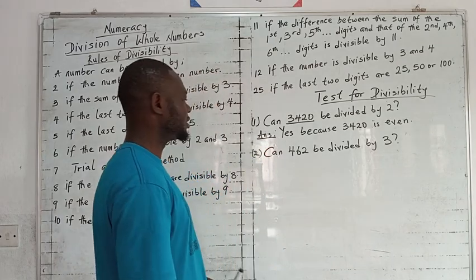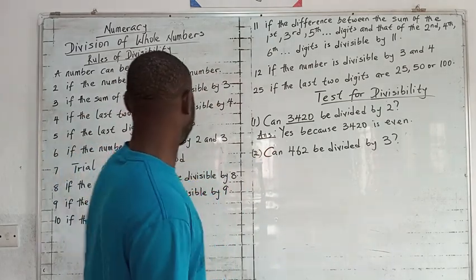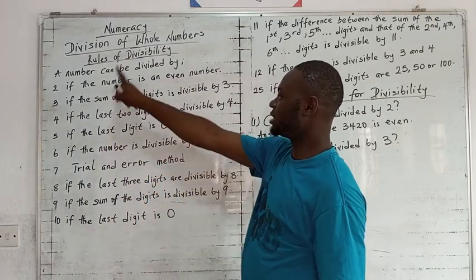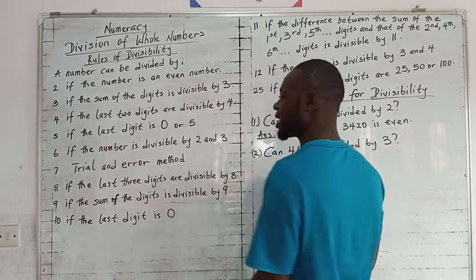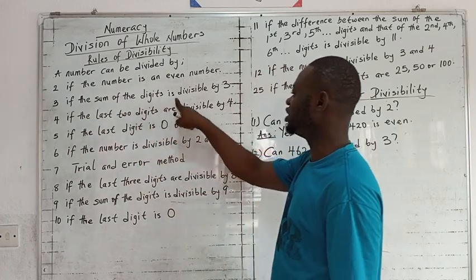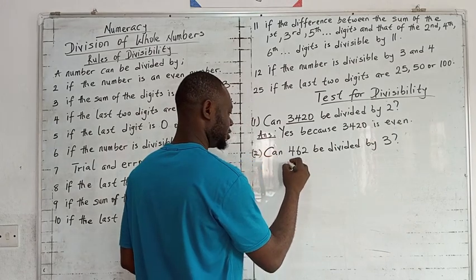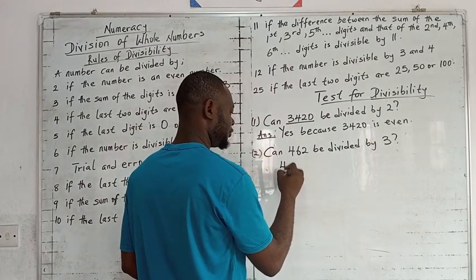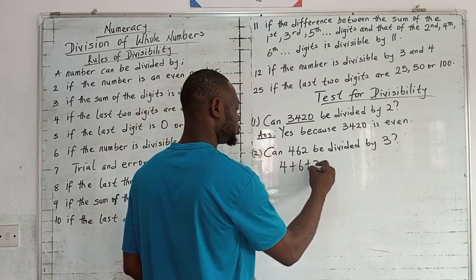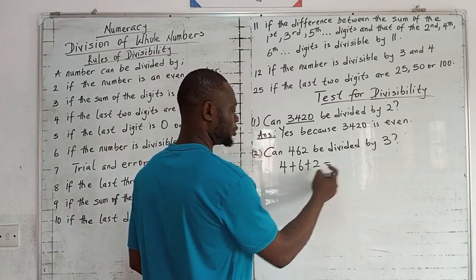Can 462 be divided by 3? Test for divisibility by 3 says that this number can be divided by 3 if the sum of the digits is divisible by 3. So let's look for it. We go 4 plus 6 plus 2. 4 plus 6, 10. 10 plus 2, 12.